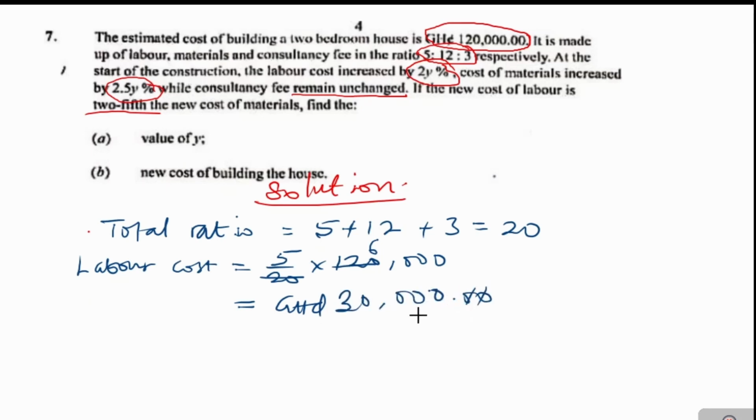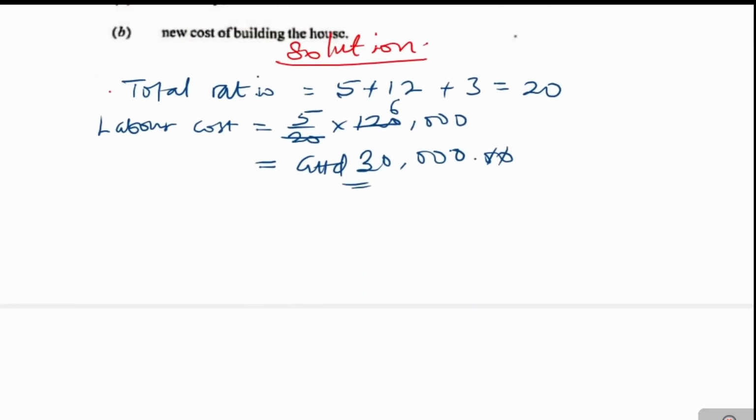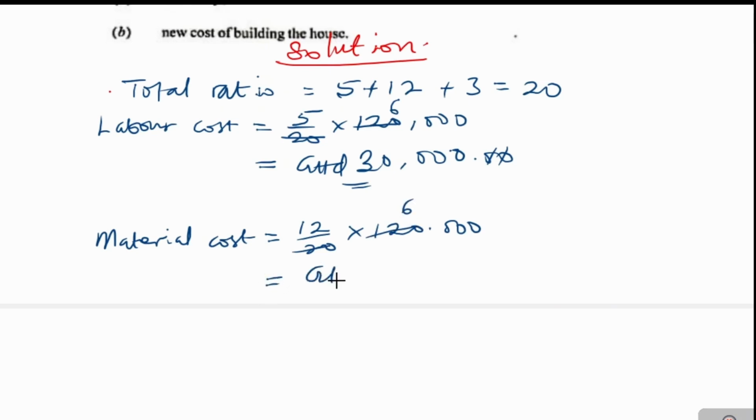Then we go ahead and find the estimated cost of material, and material as part of the ratio is 12. So 12 over 20 times 120,000. 20 will divide into 120 6 times, and 12 times 6 is 72.